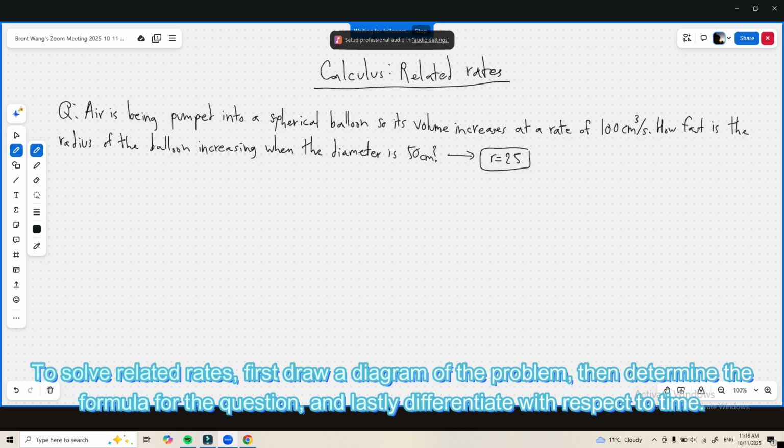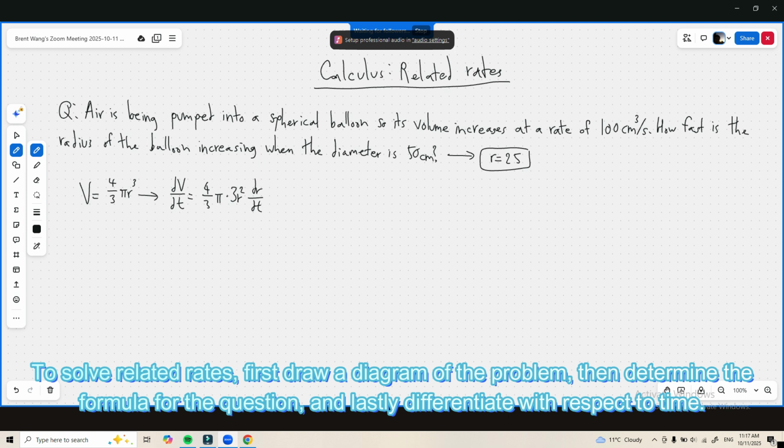The formula we're going to use is about the volume of a sphere. So V is equal to 4 over 3 pi r cubed. Let's differentiate this with respect to time. So dV/dt is equal to 4 over 3 pi times 3r squared dr/dt.